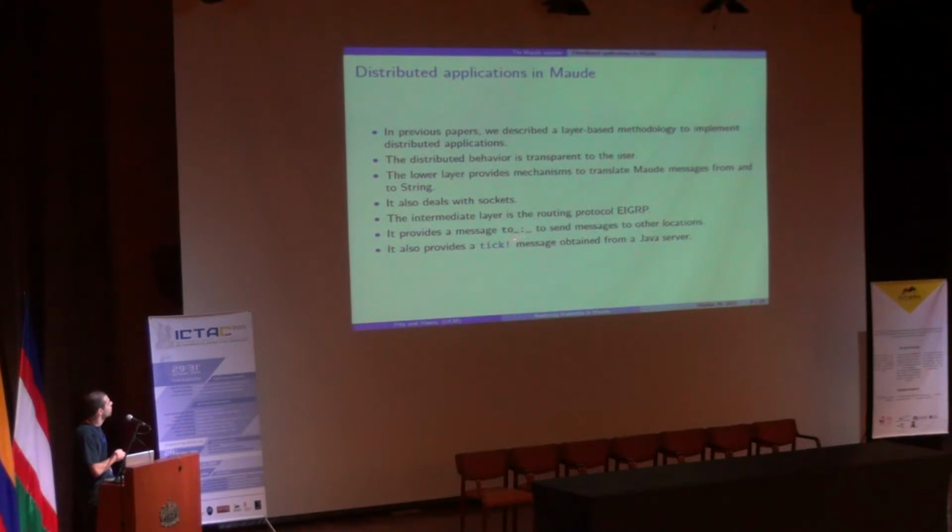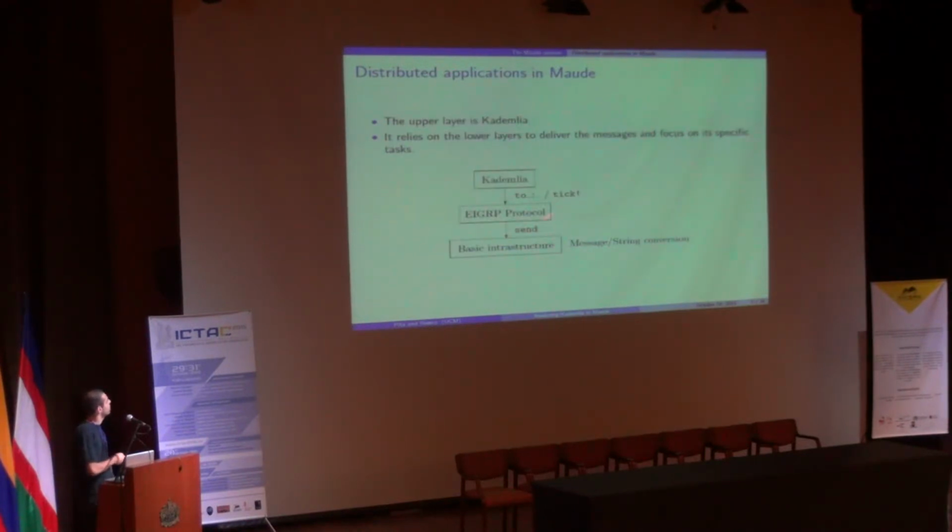You can write the addressee here and put your message here, and it is given to the appropriate object. It also provides a tick message from a Java server, so you can have real time. So this is the architecture we want to use.